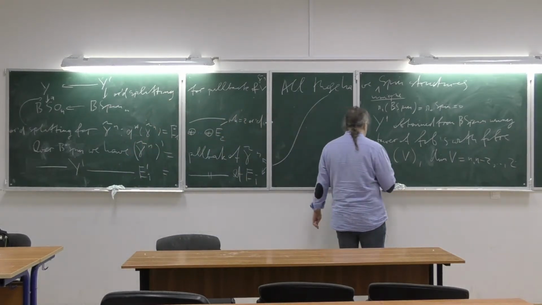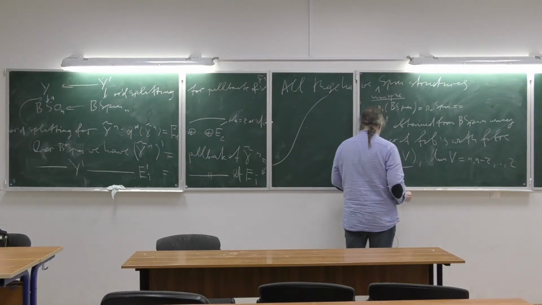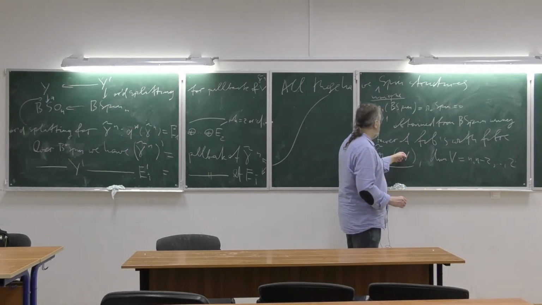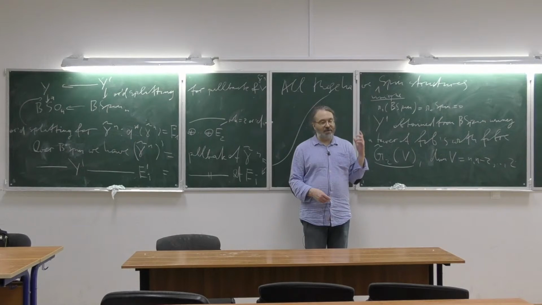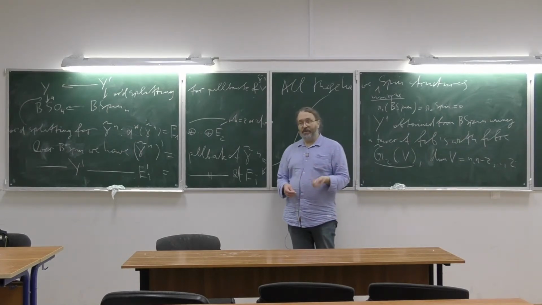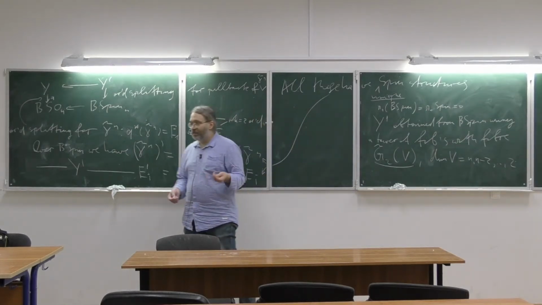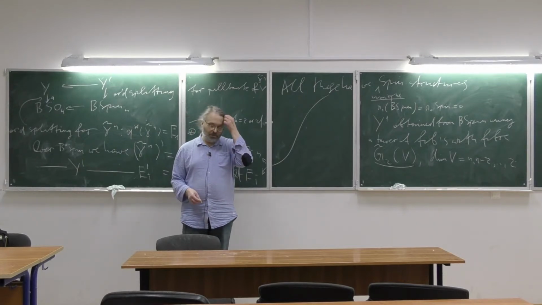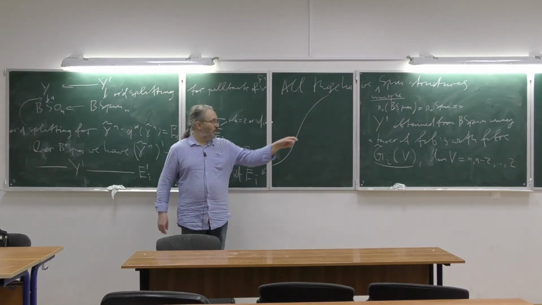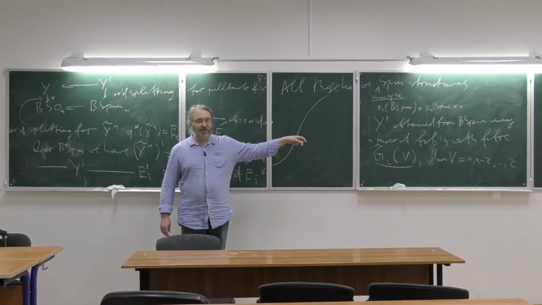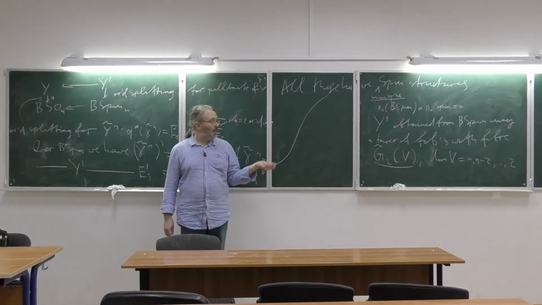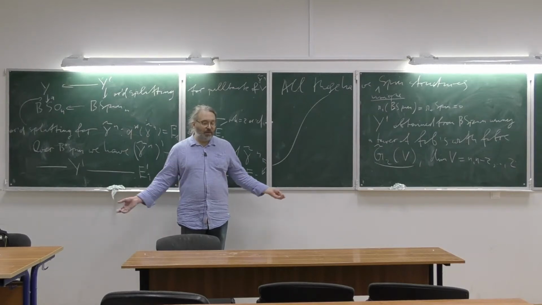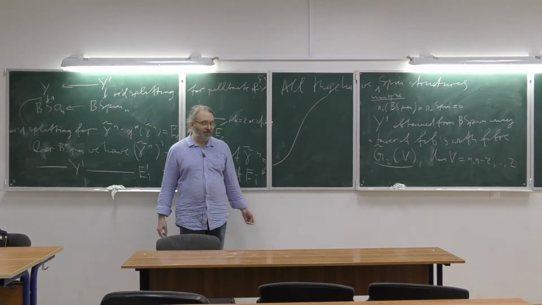Okay, now we don't know everything about those spaces, but we know something. And in particular, we know a cell decomposition for those spaces. What is it? Well, it's the Schubert cell decomposition.